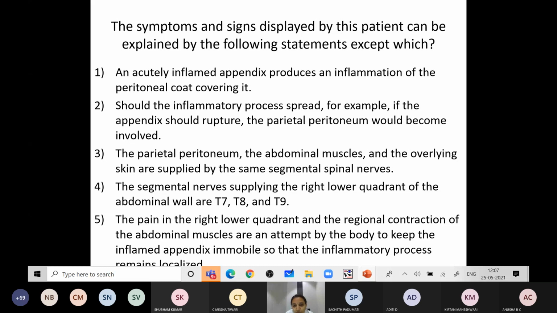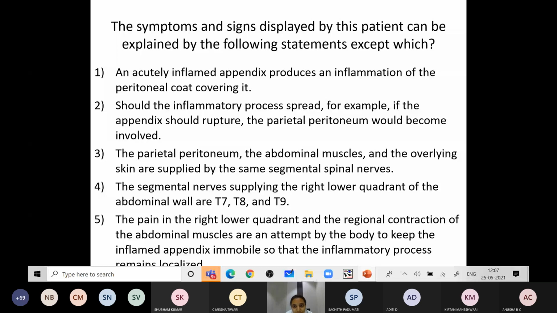The parietal peritoneum, the abdominal muscles, and the overlying skin are supplied by the same segmental spinal nerves. The segmental spinal nerves supplying the right lower quadrant of the abdominal wall are T7, T8, and T9. The pain in the right lower quadrant and the regional contraction of the abdominal muscles are an attempt by the body to keep the inflamed appendix immobile so that the inflammatory process remains localized.